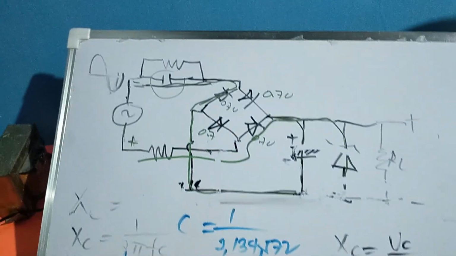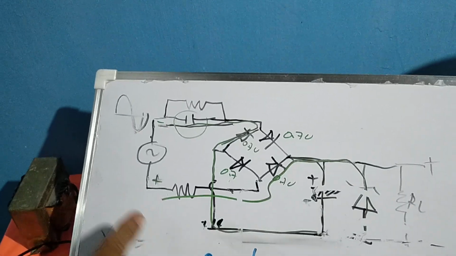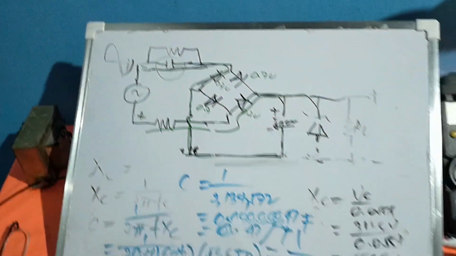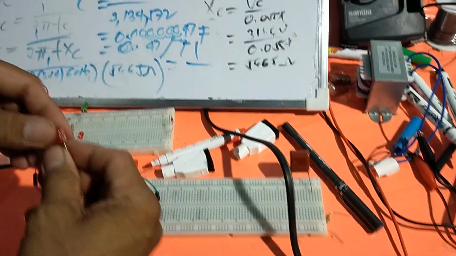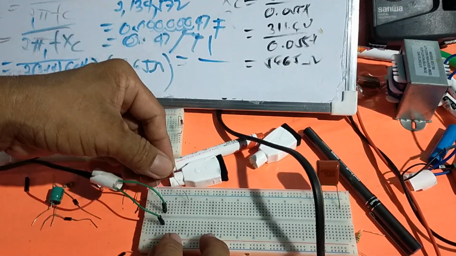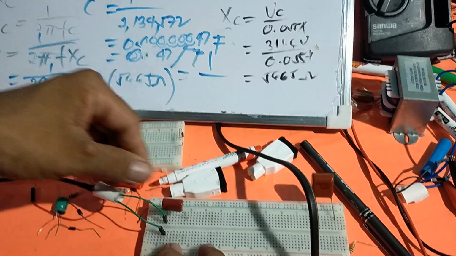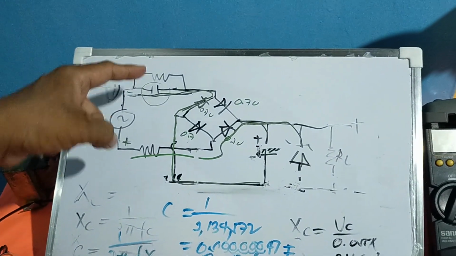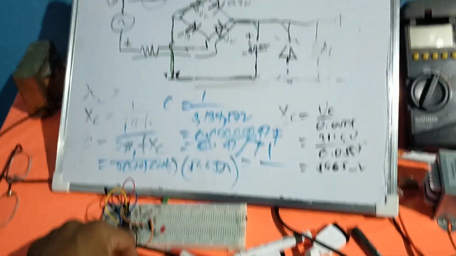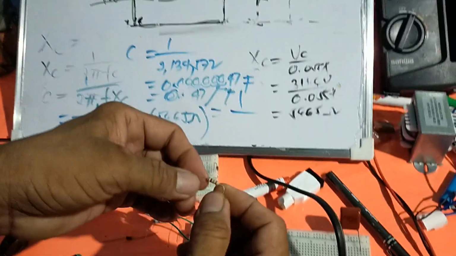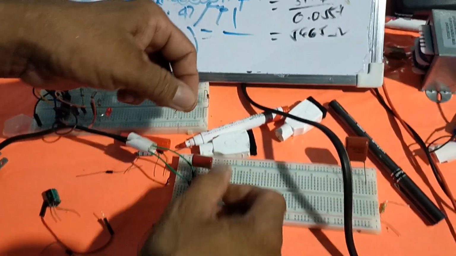Then let us connect the capacitor over here, paralleled with a 1 megaohm resistor. The colors are brown, black, green.